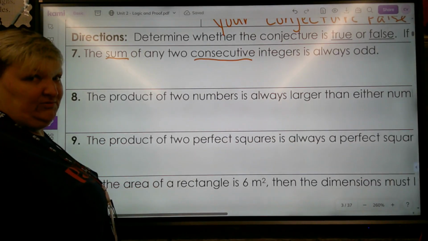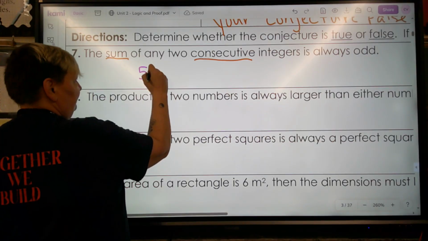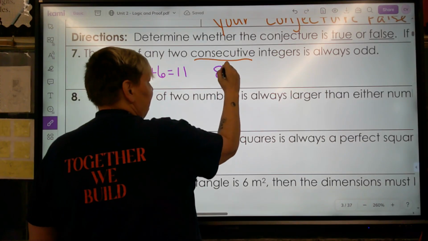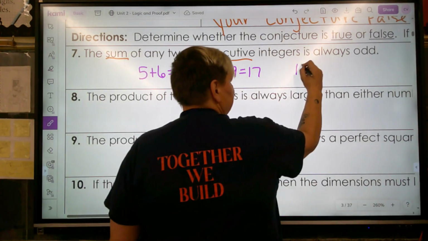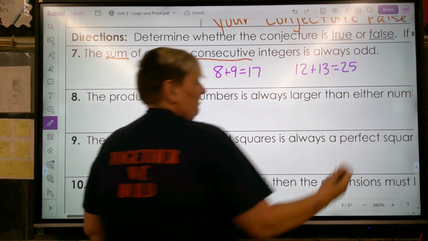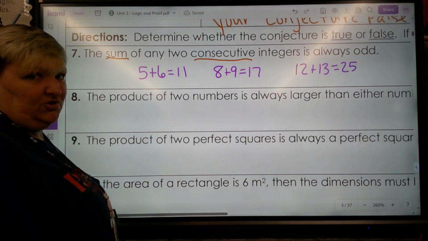Let's try a few and see what happens. Add consecutive equals odd. Add consecutive equals odd. Add consecutive equals odd. I mean, it's only 3 examples, but so far it's true.